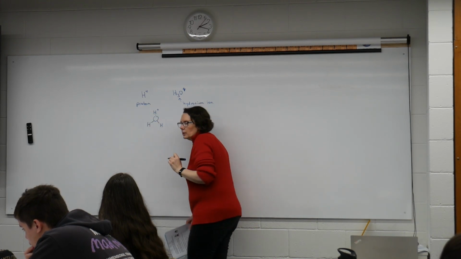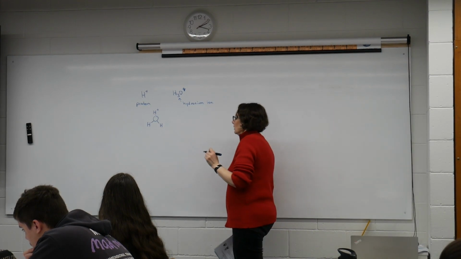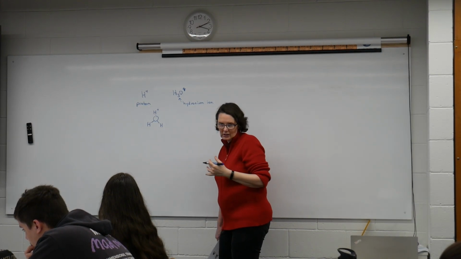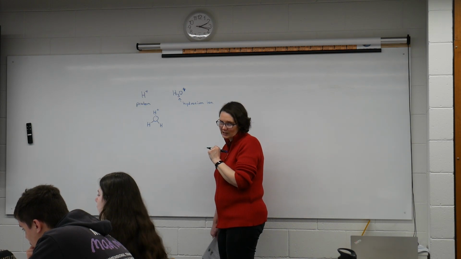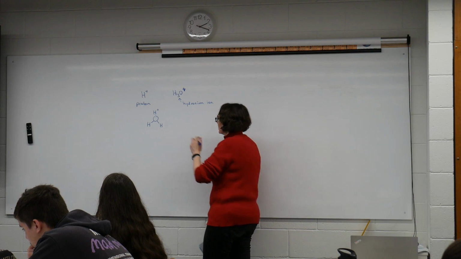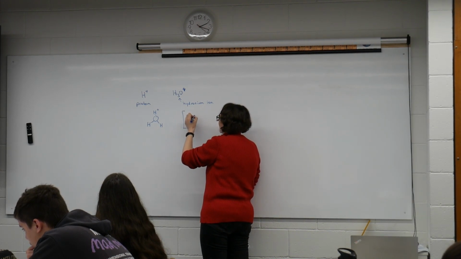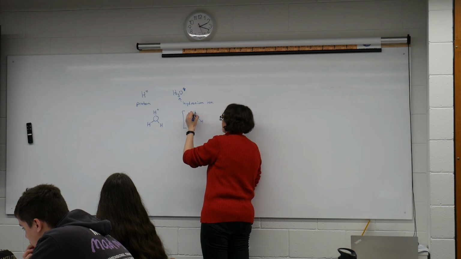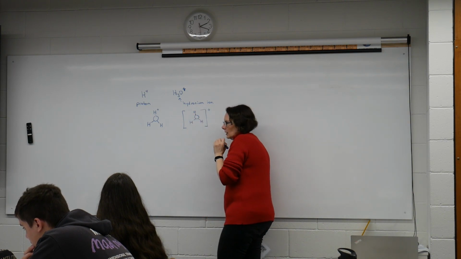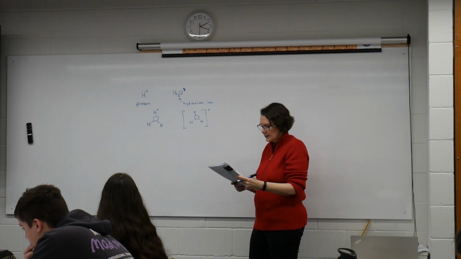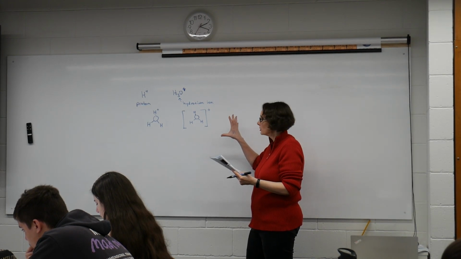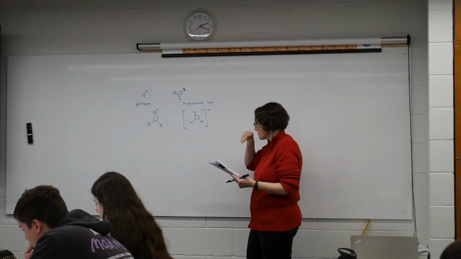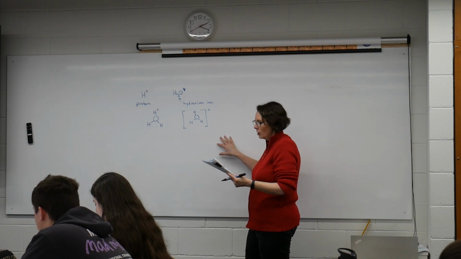And so in actual fact, we can't tell which one of those is, if you like, a dodgy bond. And so what we end up with is that where we would say that there's a positive charge on our hydronium ion.